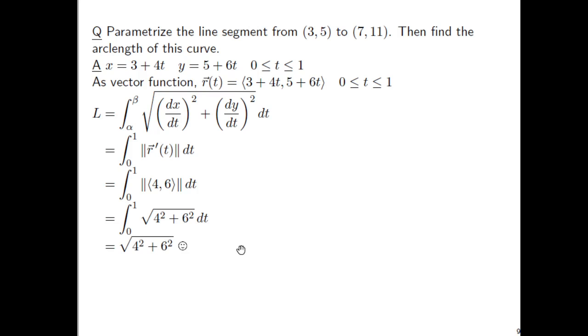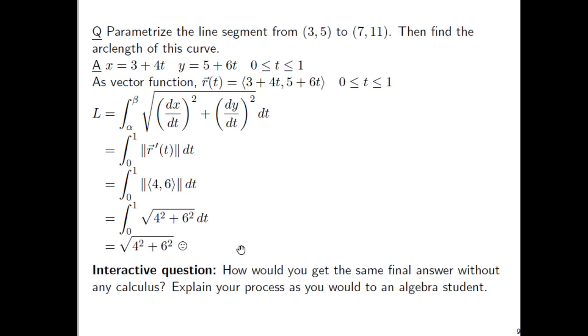You can do all the work if you'd like. But does that make sense? So here's the interactive question. How could you have gotten the same final answer without doing any calculus at all? Think of what object you have up here and explain your process as you would to an algebra student. This may seem strange, but keep in mind that the object is not like the last one, which was a circle.